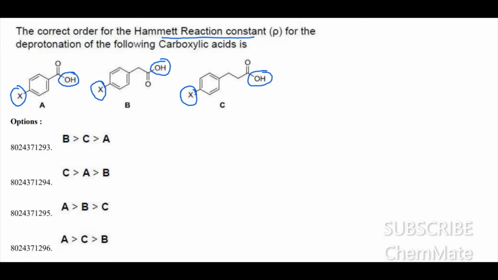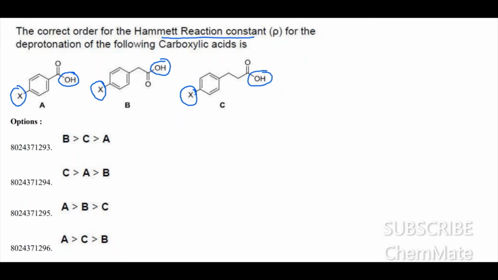Again I am telling that if the reaction center goes far from this substituent, here the reaction center is nearer to this substituent, but it is separated by one carbon atom, a CH2 group here, and it is separated by 2 CH2 groups in C. So as the reaction site goes far away from the substituent, its polar effectiveness will decrease, and consequently the rho value will decrease.